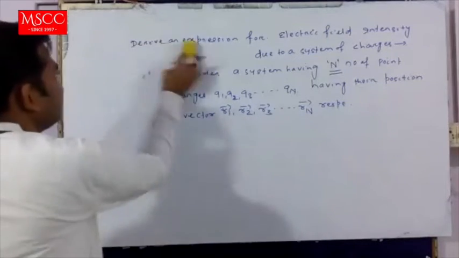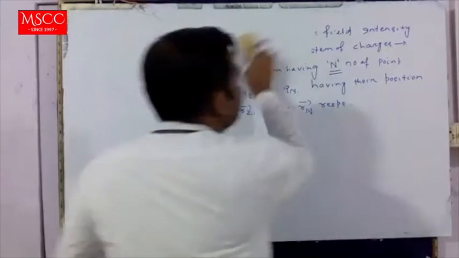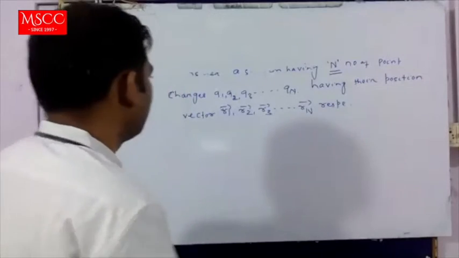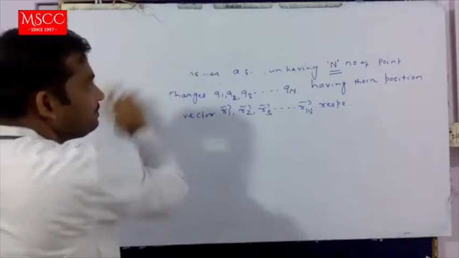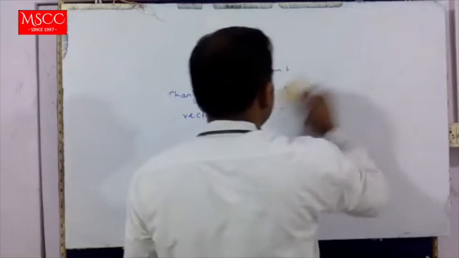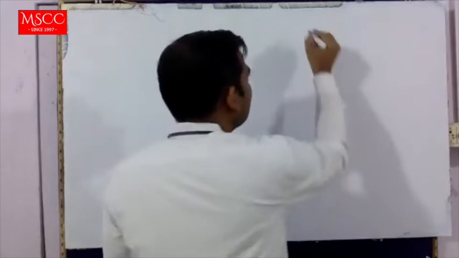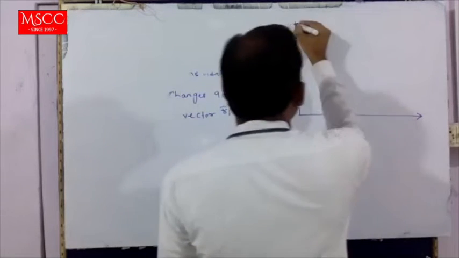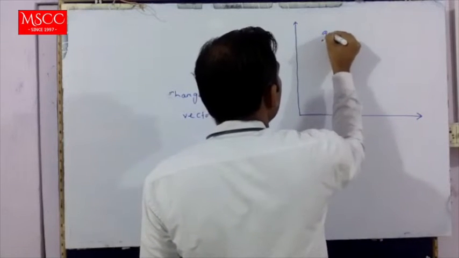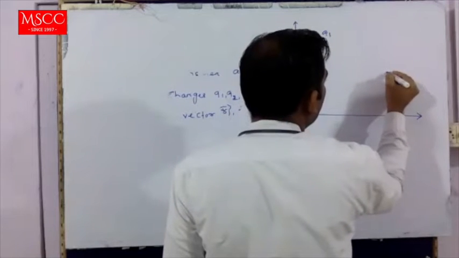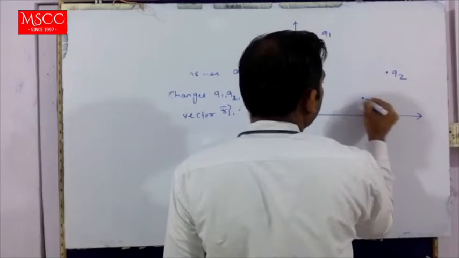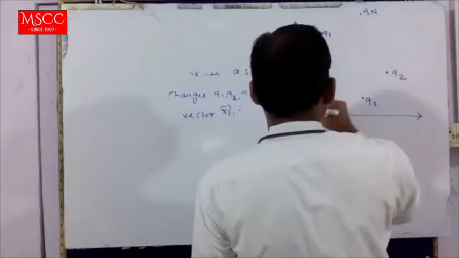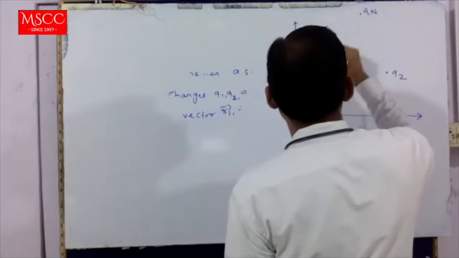Diagram. Next, diagram. Suppose this is Q1, this is Q2, this is Q3, this is Qn, having their position vectors.